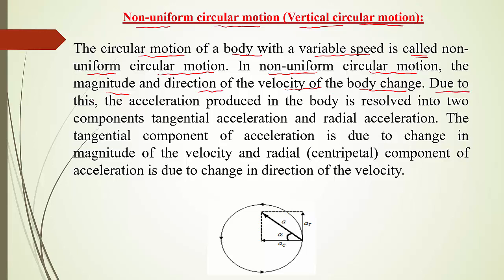Because of the changing velocity, acceleration is produced in the body, and this acceleration is resolved into two components. We know that acceleration is the rate of change of velocity: change in velocity divided by time. Here, because of non-uniform speed, there is a change in velocity, so we get some acceleration.